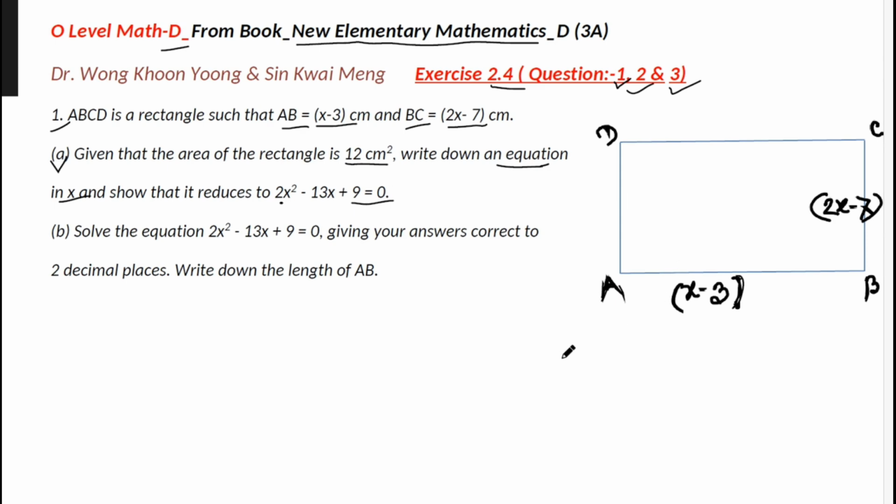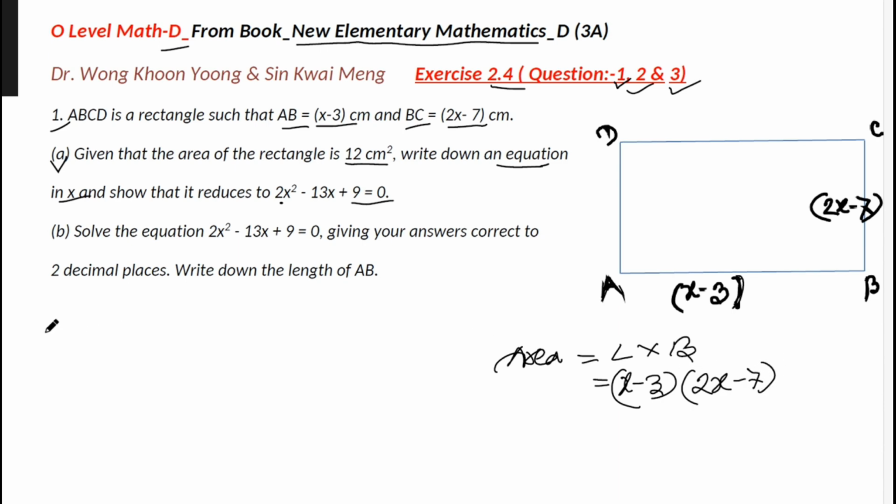So now from the figure, as we know, the area of a rectangle is equal to length into breadth. Here the value of length, that is AB, has been given, and this is x minus 3, and the breadth, which is BC, is 2x minus 7.